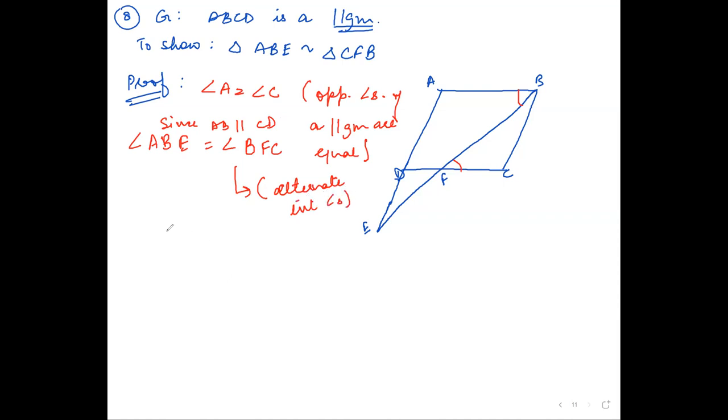Okay, so by AA criteria. Now name the triangles. So triangle ABE will be similar to triangle. Now, which angle is equal to which? A is equal to C. Okay. Then B is F. And then the other one, E and B.